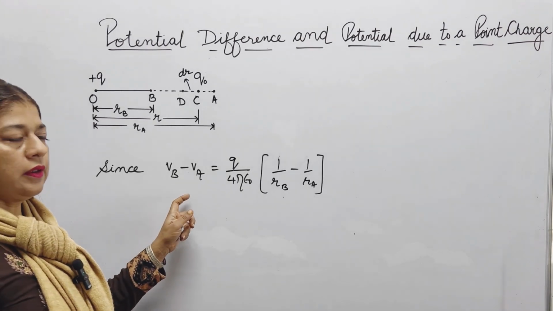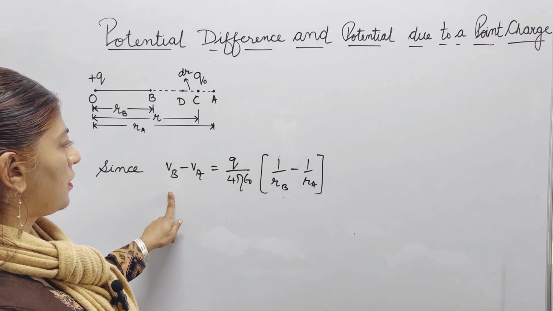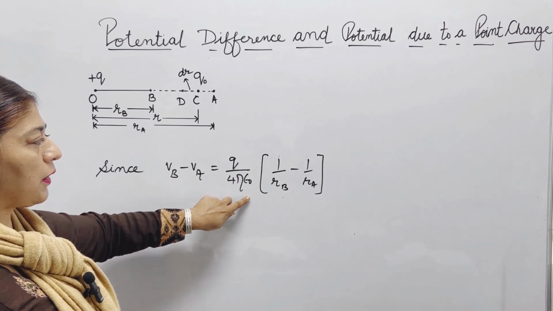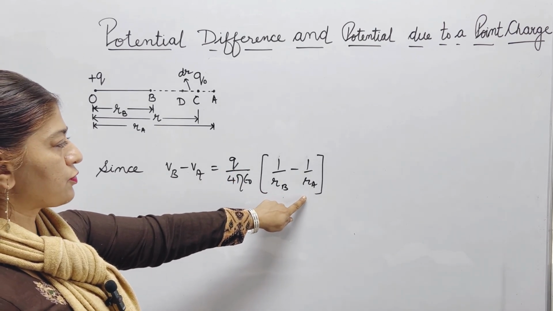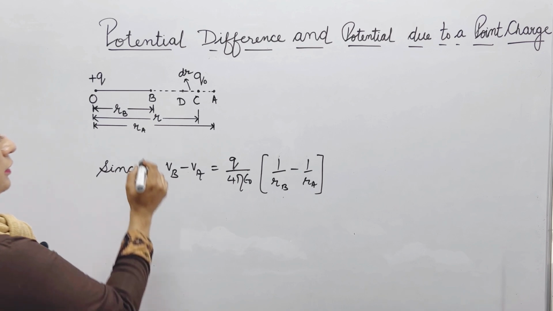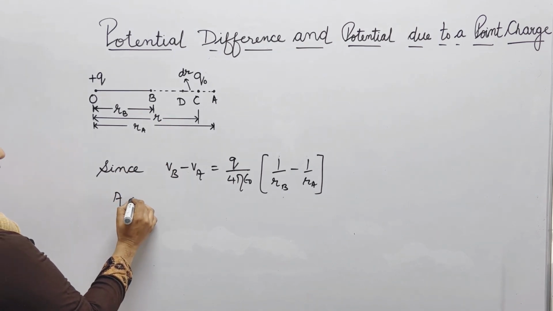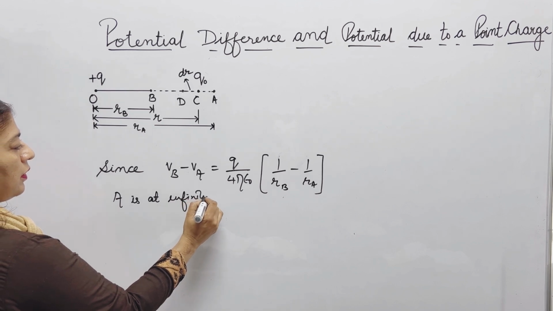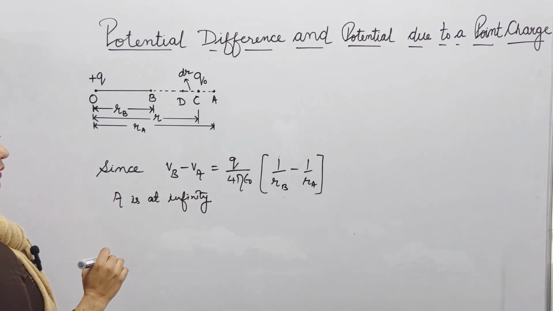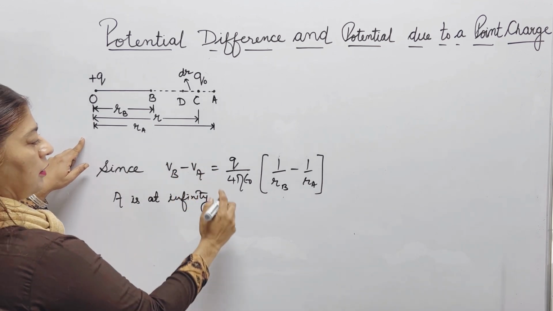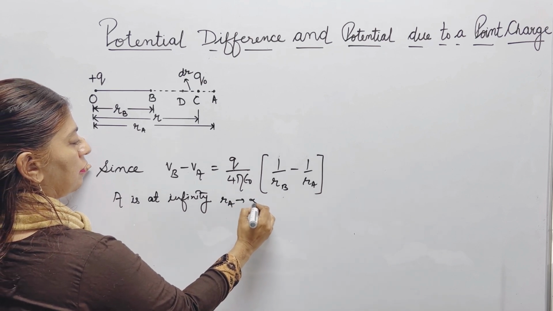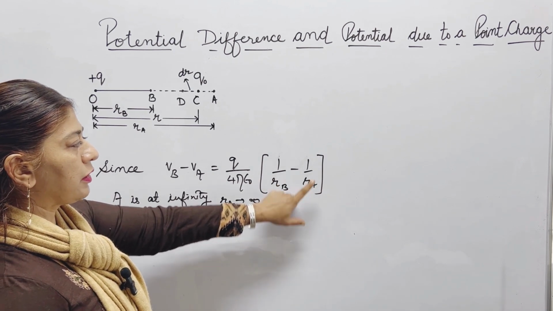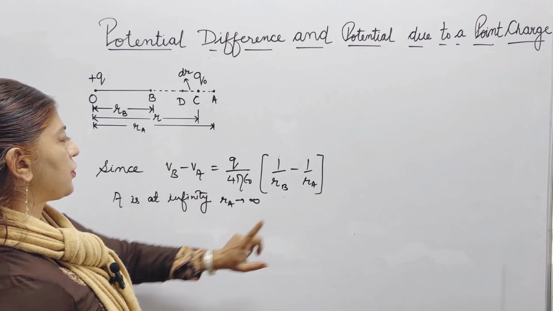Again, rewriting the equation for the potential difference, we have VB minus VA is equal to Q by 4 pi epsilon naught, and the limits for this have been put. Now, if A is at infinity, then this distance RA will be replaced by infinity, and 1 upon infinity will become 0.